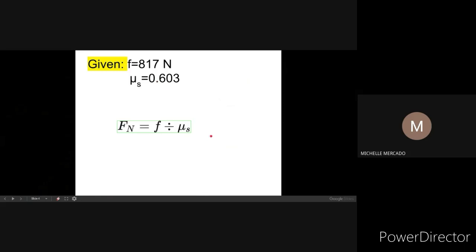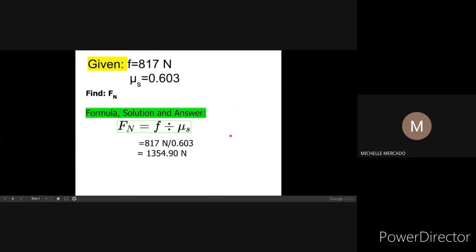Since we're finding the normal force, the formula is normal force equals static friction divided by the coefficient of static friction. So 817 Newton divided by 0.603, the answer will be 1,354.90 Newton.